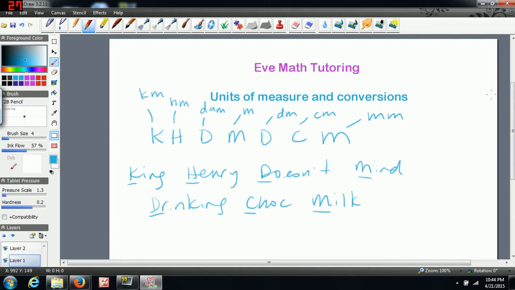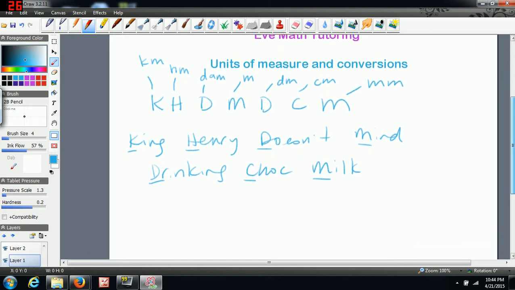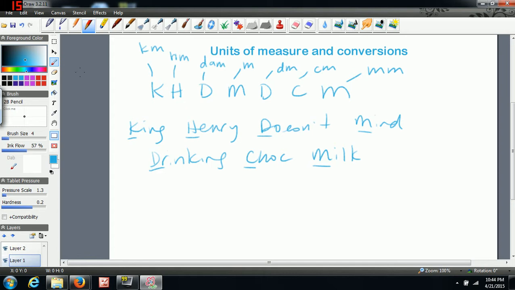Okay, so now if you're asked to actually convert between those units, let's try. So you're given 1 kilometer and you're asked how many millimeters that's equivalent to.